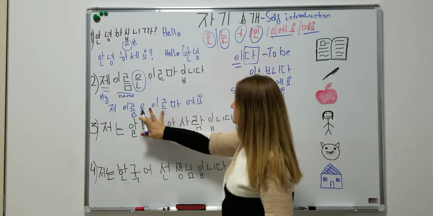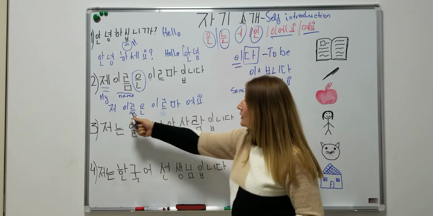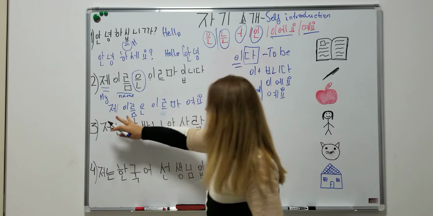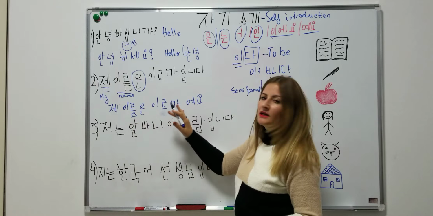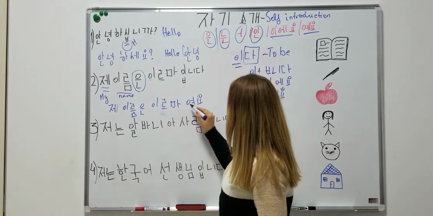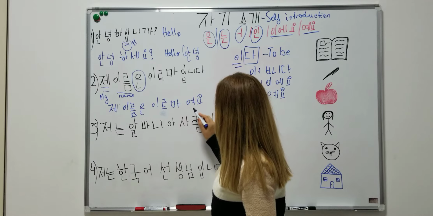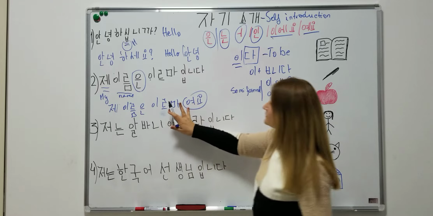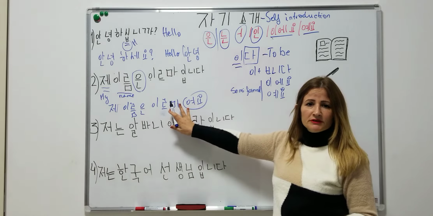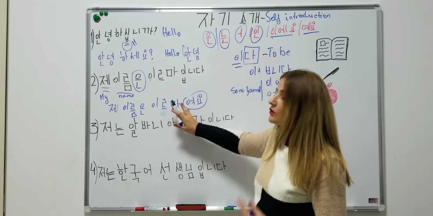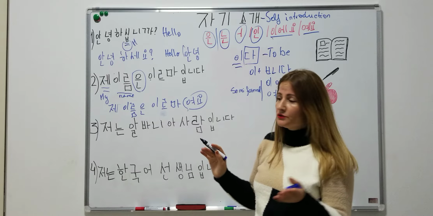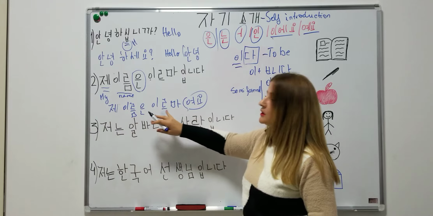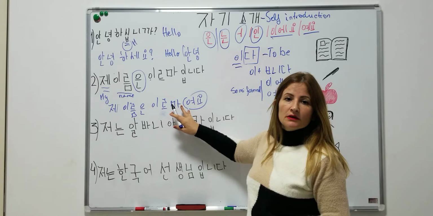Okay, because my name ends in a vowel, so 제 이름은 이름아예요. So here 이름아예요, because this is the verb to be, right? But it's the informal.